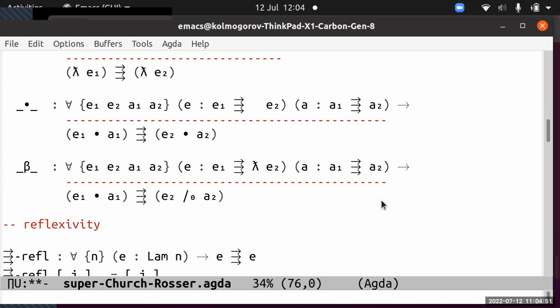Here's application. So I've written it with a fat bullet, so it's a bit more visible. And again, very suggestively, I'm going to give the proof of a reduction relation the same alphabetical prefix as the terms themselves.